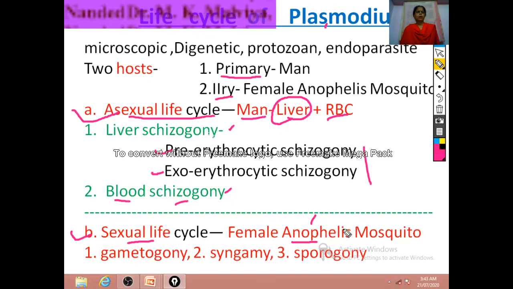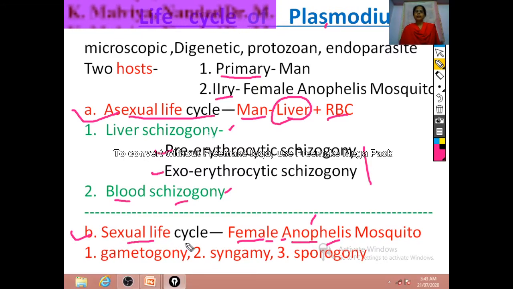Out of these, the Anopheles mosquito is the secondary host of the Plasmodium parasite, and obviously it is the female, because the male mosquito does not bite, lacking that specific type of mouth part.